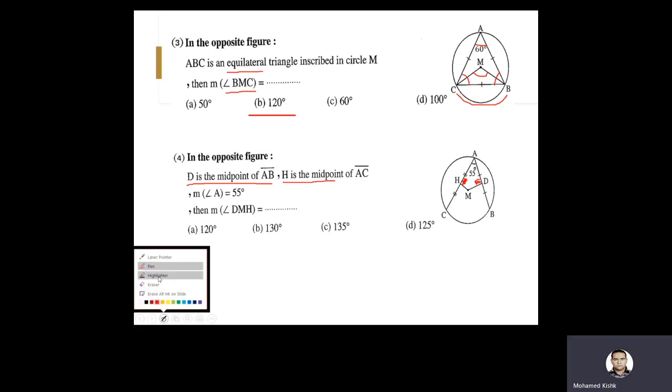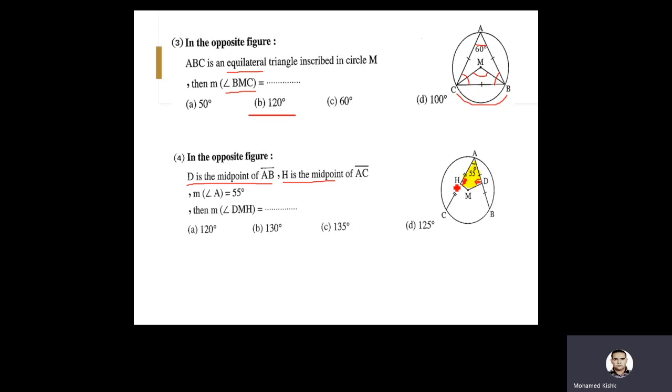Okay, now we have this figure. I will color it for you. Yes, this color, this figure is ADMH. ADMH is a quadrilateral. What does it mean, quadrilateral?